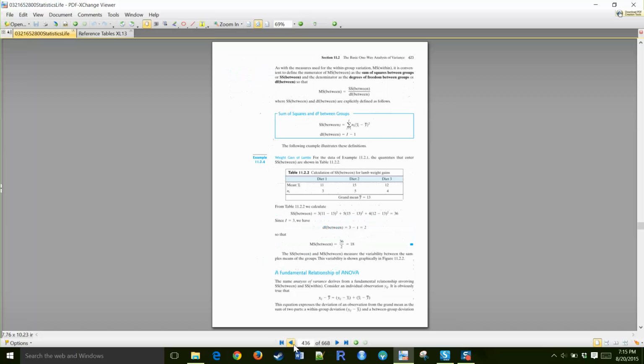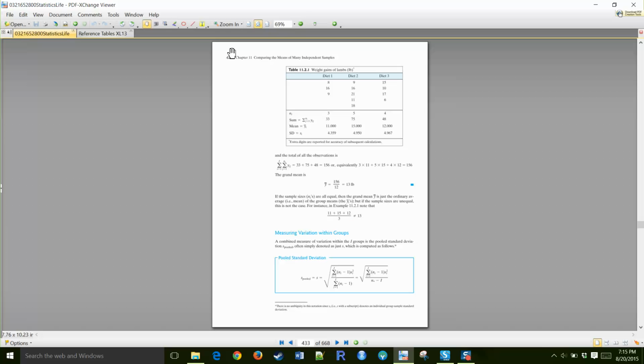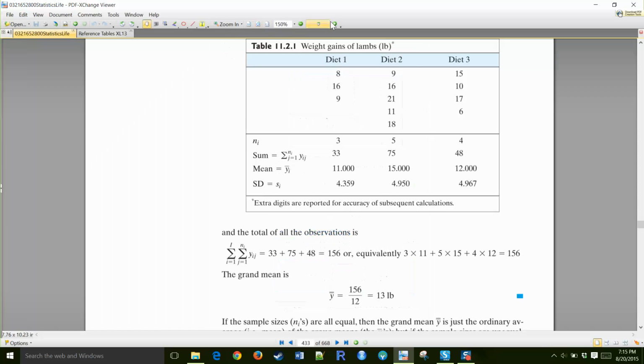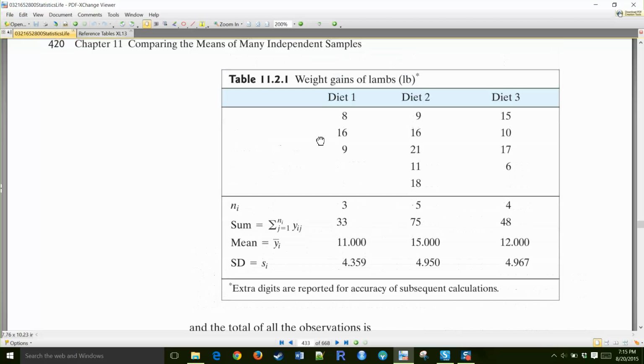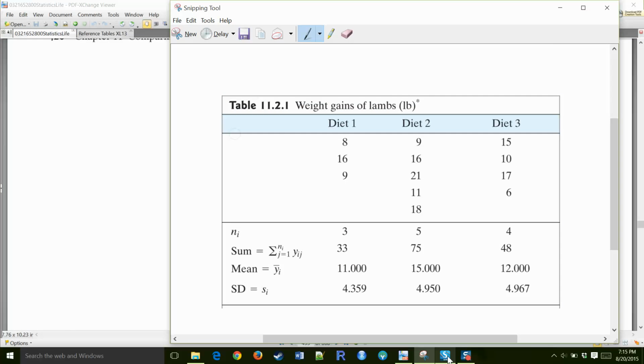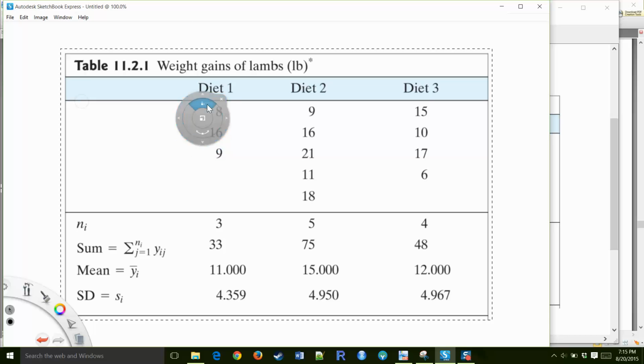What we did was we put different lambs on 3 different diets of food, and we call them diet 1, 2, and 3. We had a total of 12 lambs. Under diet 1, one of the lambs gained 8 pounds, another gained 16 pounds, and another gained 9 pounds.